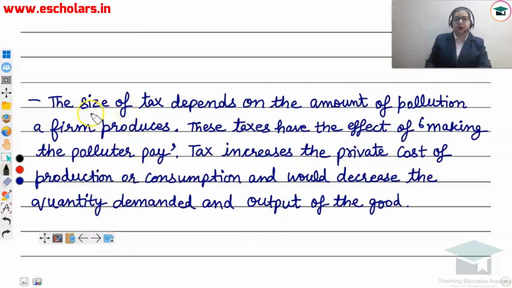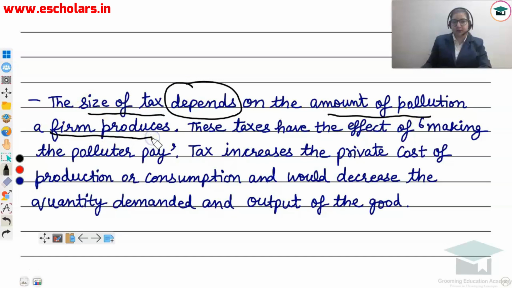Also students, the size of the tax, or you can say the amount of tax, is dependent on the amount of pollution a firm produces. The firm that produces more pollution will be taxed more as compared to the firm that produces less pollution.